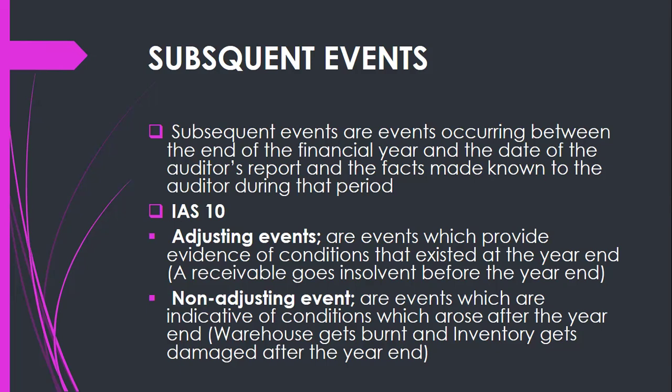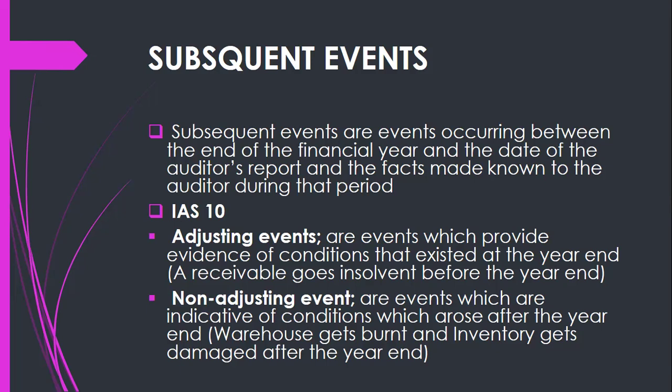Then non-adjusting events. So the year ends, 31st December has come to an end. Then maybe on the 2nd of January the following year, the warehouse burns, goes into flames. Then we lose maybe 50,000 worth of inventory. If we've got maybe 200,000 worth of inventory in that warehouse, 50,000 worth of inventory gets burnt and damaged, right?